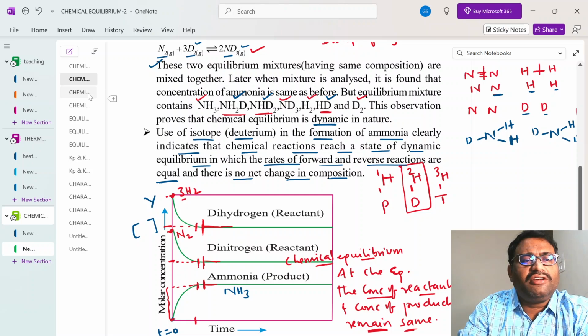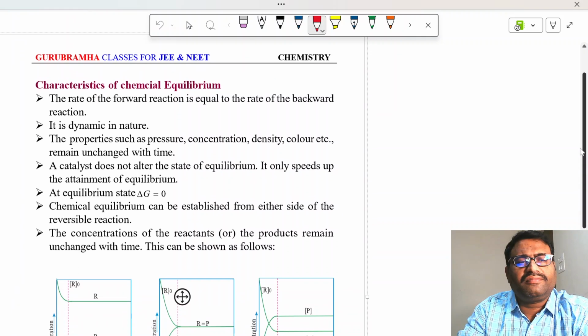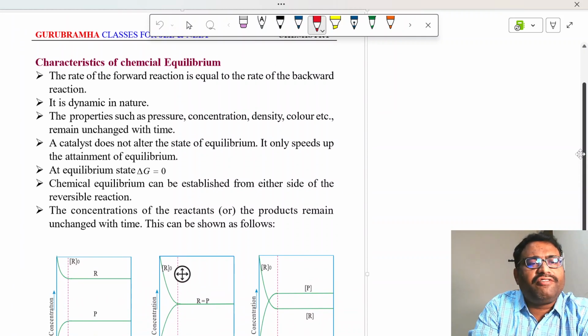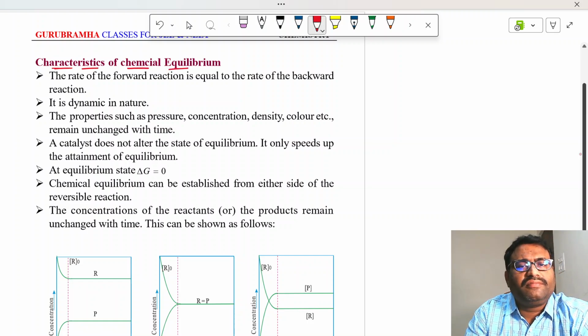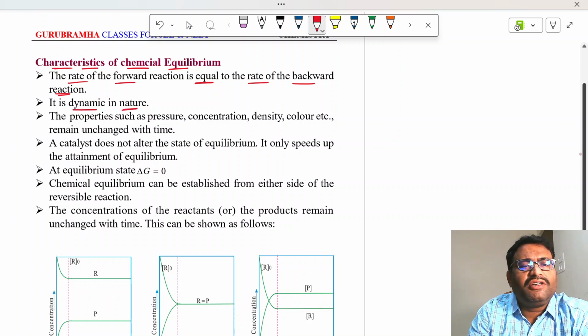Next, let us see the characteristics of chemical equilibrium. At chemical equilibrium, the rate of forward reaction is equal to the rate of backward reaction. Already we have seen, it is dynamic in nature. That means at chemical equilibrium, the reaction does not stop.